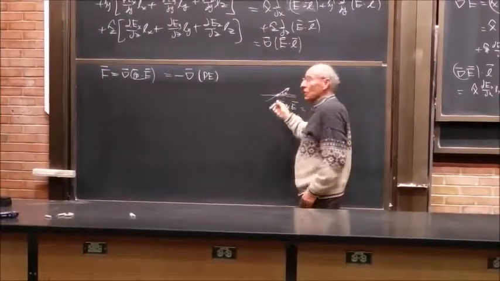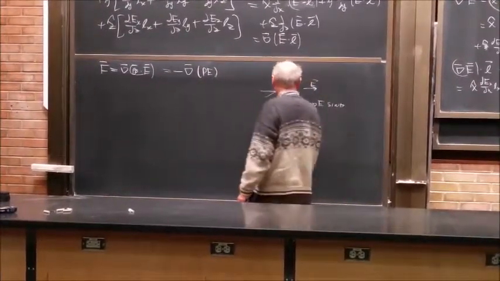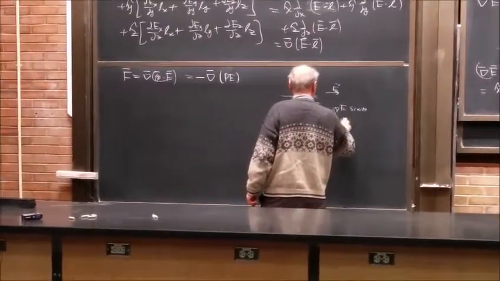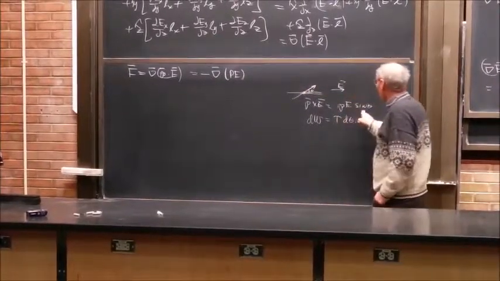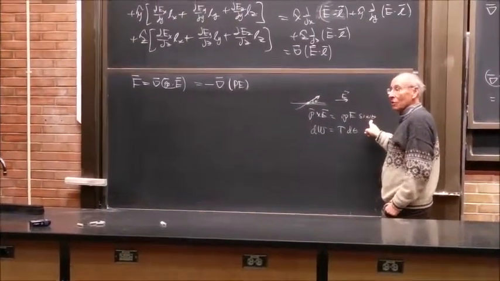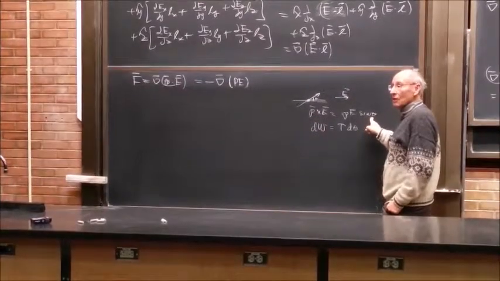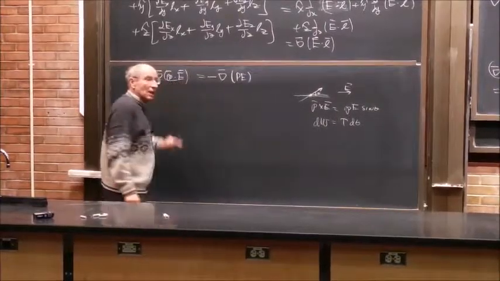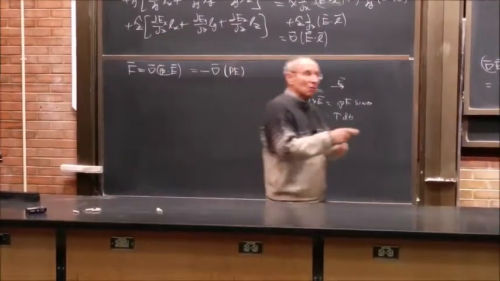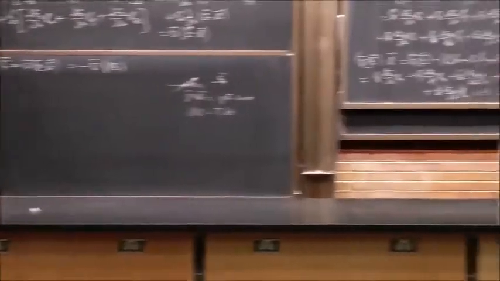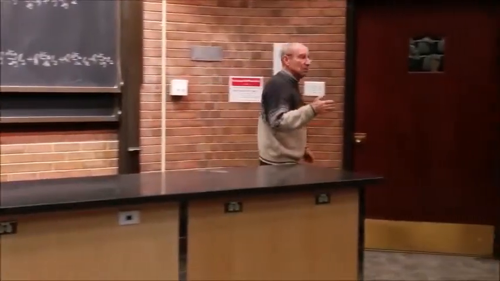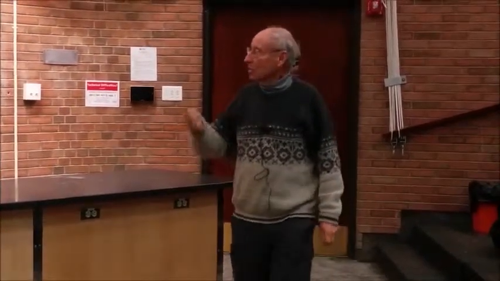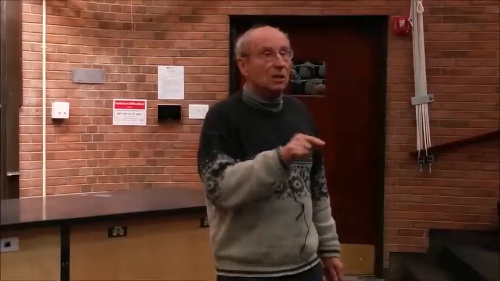Now you move it a distance d theta, and the work you do, dW, is the torque times the angle, and therefore it's the integral of this, which gives you minus PE cosine theta. But PE cosine theta is simply P dot E. And so you get exactly what you would have expected: the force is minus the gradient of the potential energy, and the potential energy is minus P dot E.